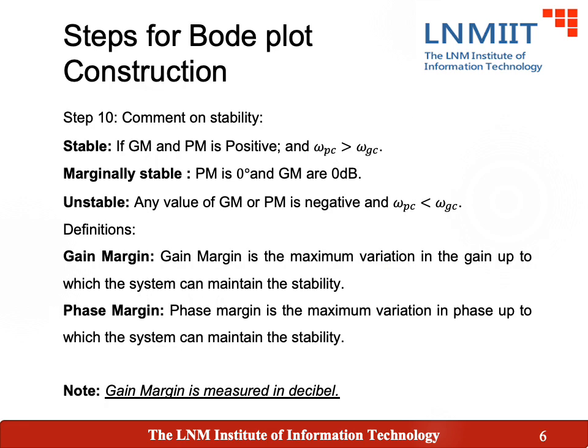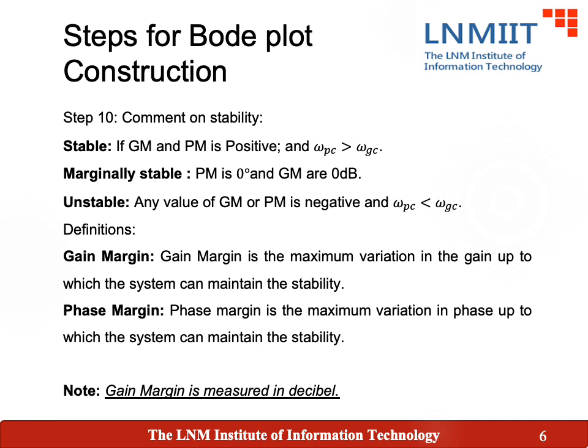So after calculating the gain margin and phase margin, we will be able to comment on the stability, and we will be able to find out whether the system is stable, marginally stable, or unstable. For that, please note that the system is called stable if the gain margin and the phase margin both have positive values, and the phase crossover frequency is greater than gain crossover frequency.